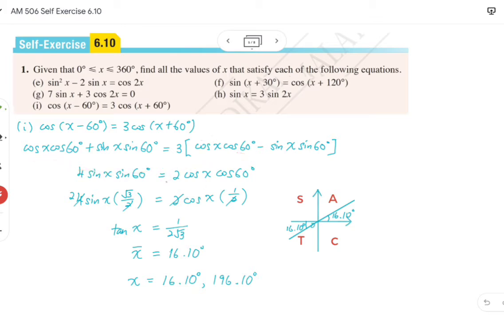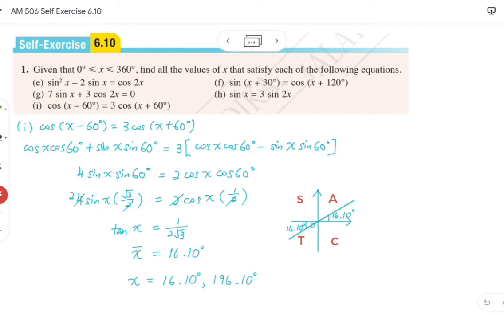So we get 2 times of cosine x cosine 60 degree. Then change all the values that we can. Okay, sine 60 degree is 3 over 2. Cosine 60 degree is 1 over 2. Simplify it, cut off the 2 and 4. So we left 2 sine x 3 equals to 1 cosine x.